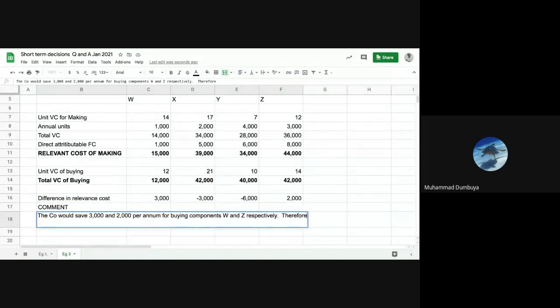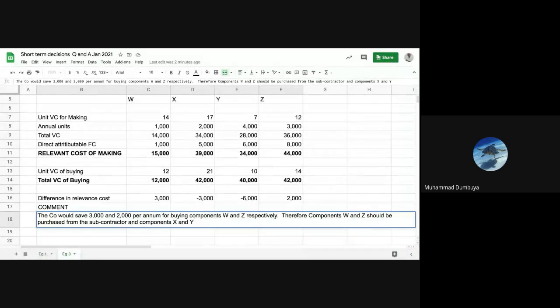Therefore, components W and Z should be purchased from the subcontractor, and components X and Y should be produced internally.